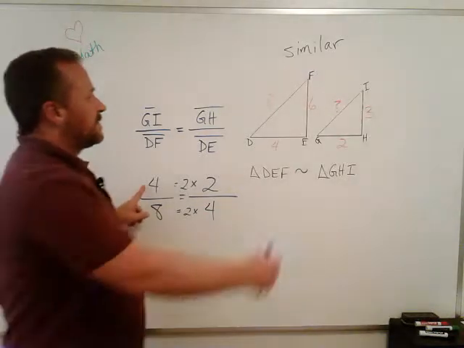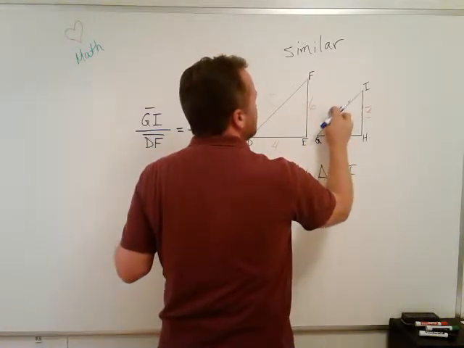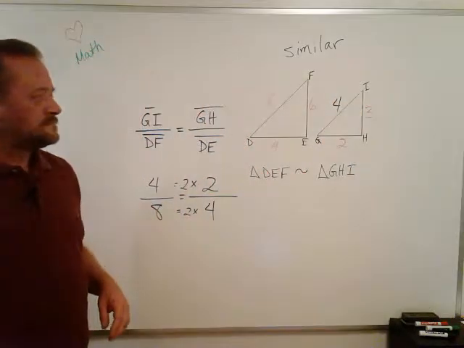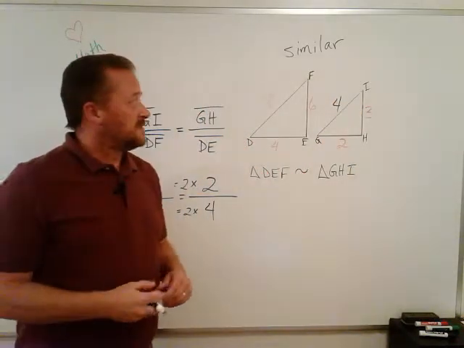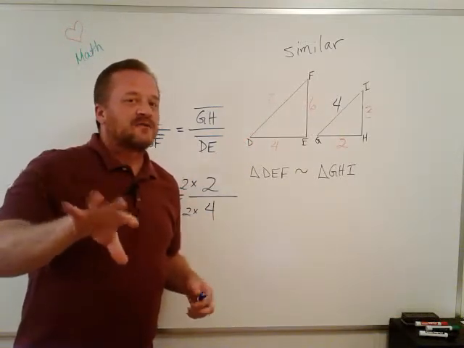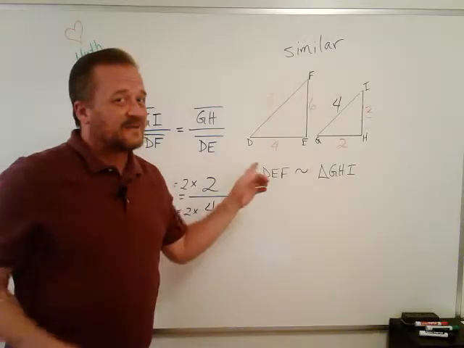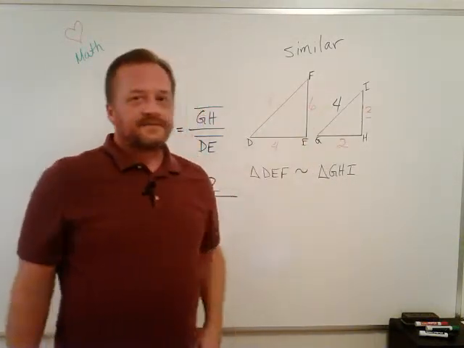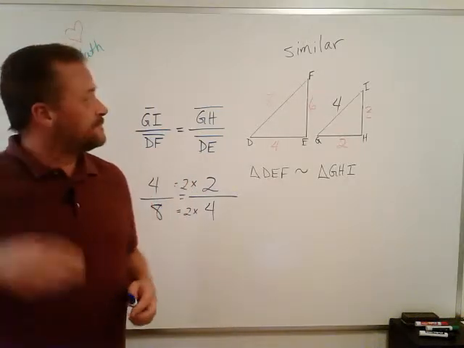So this up here has a side measure of 4. Okay? So there's a great thing that equivalent ratios can help us with. If we have two similar triangles, and remember this really only works with similar triangles, we can find missing side lengths. And that's kind of important.